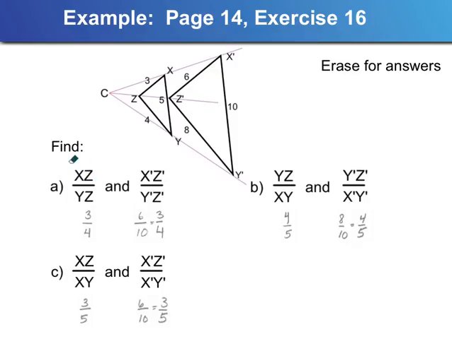I'm comparing XZ to YZ. So if I take XZ over YZ, I choose the side that corresponds to XZ, which is X prime Z prime, to put in my numerator, and Y prime Z prime to put in my denominator. And you'll notice that all of the ratios are equal. All of the sides are proportional.